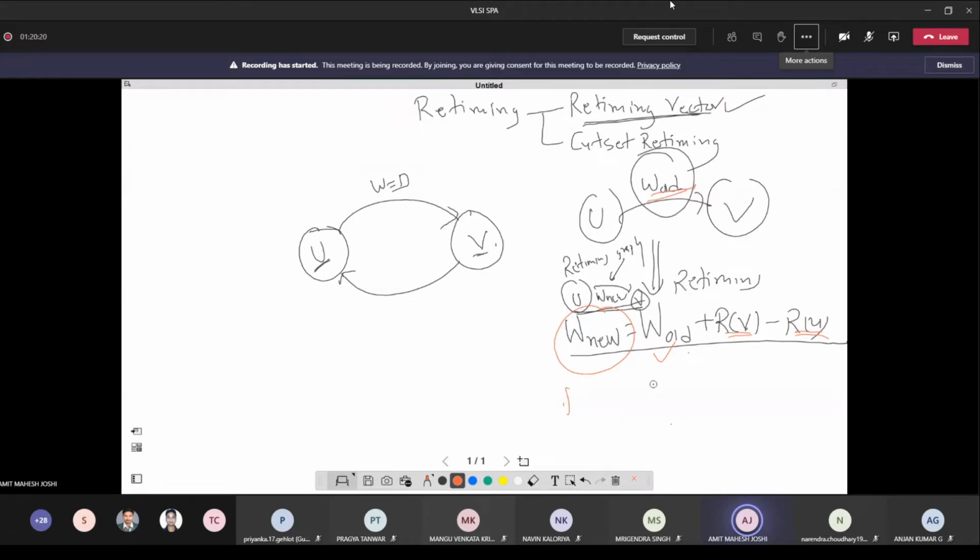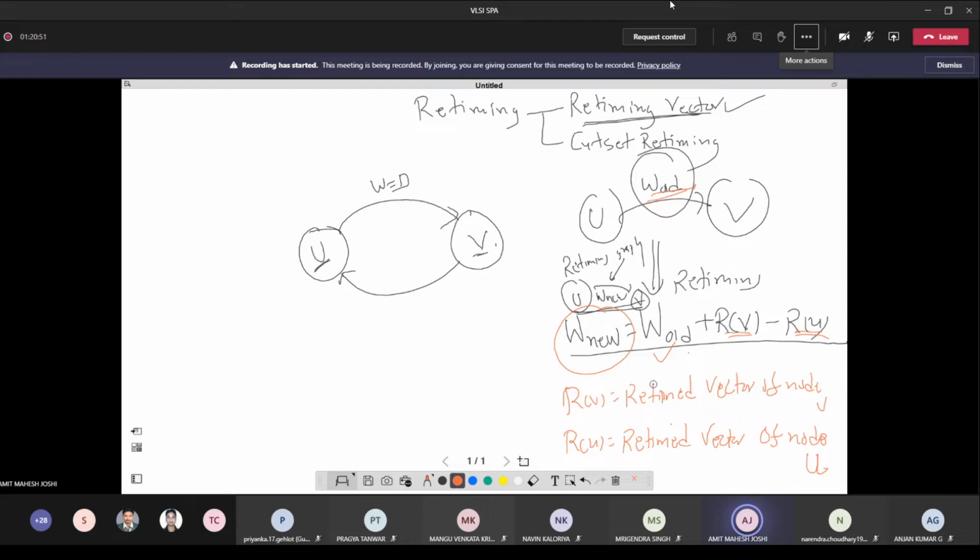Now RV is the retiming vector of node V and RU is the retiming vector of node U.